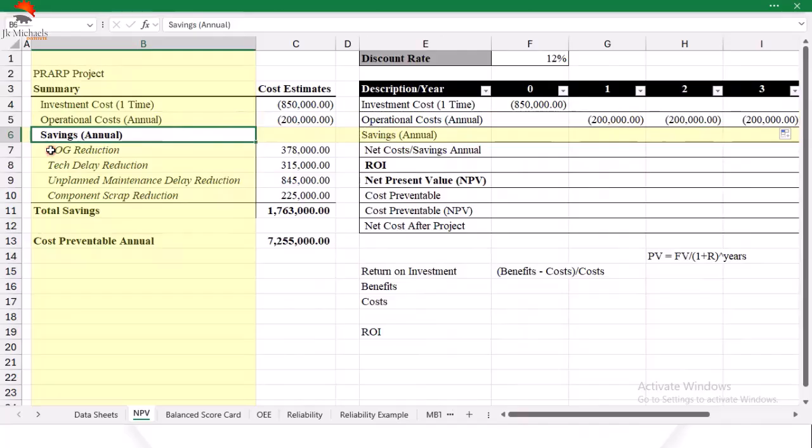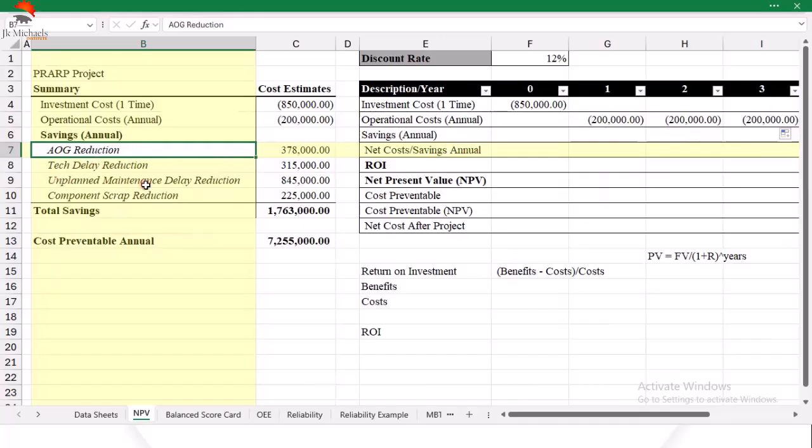So we see our aircraft on ground reduction will be 378,000 US dollars. Technical delay reduction will be 315,000 US dollars. This is our savings or benefits.